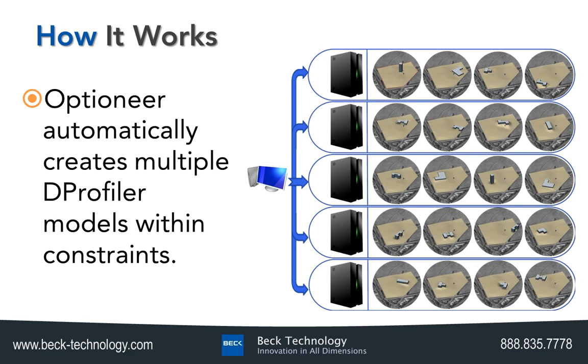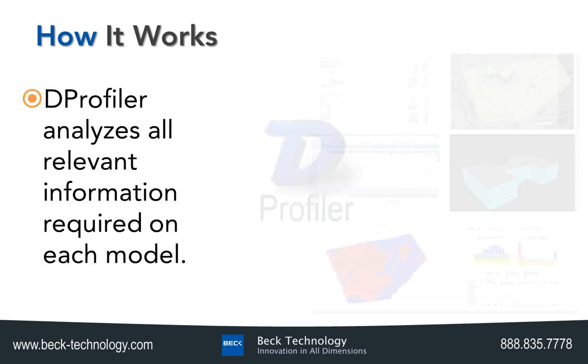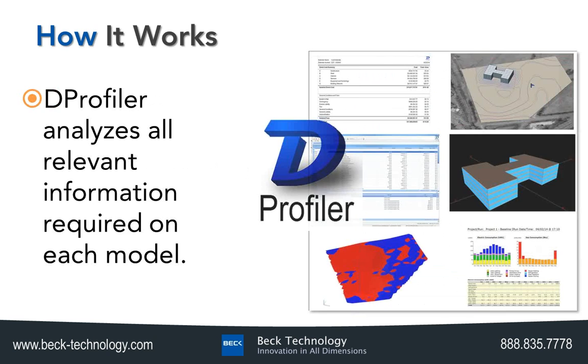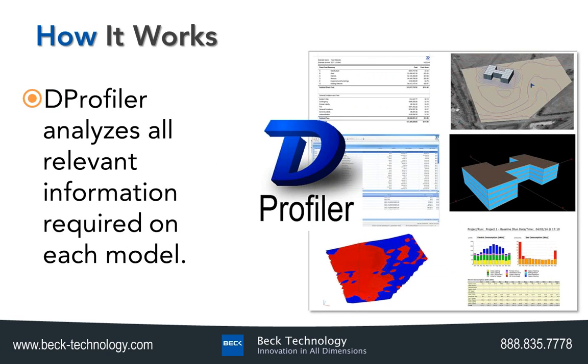For each one of those models, deprofiler then analyzes all of the relevant information required on each one of those models. And I think, too, if you're attending this webinar series, likely you've seen deprofiler before and you understand it. But for those of you who are online who maybe this is the first time you've heard about deprofiler, you don't know a lot, I'd like to at least say this about the product.